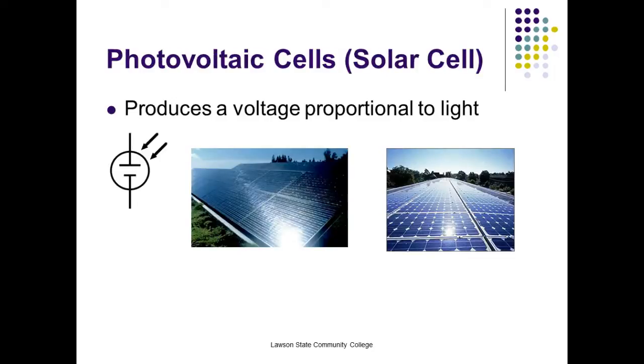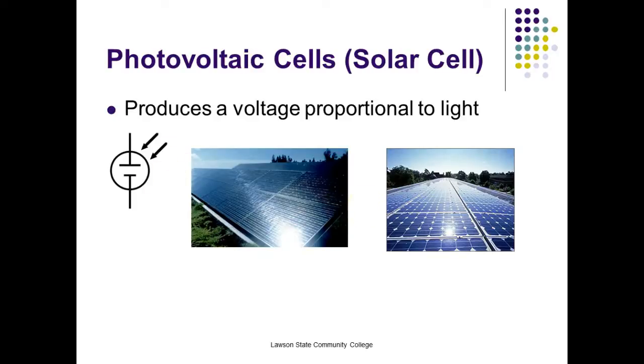The next thing we'll look at is what we call a photovoltaic cell. That's the technical name for it. Just about everybody calls these solar cells. Photovoltaic cells or solar cells produce a voltage that is proportional to the amount of light that strikes the cell itself.